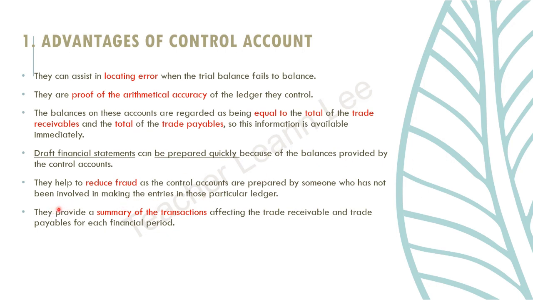They also help to reduce fraud, because you can locate the errors already, then you can amend them immediately to reduce any further errors, as the control account is prepared by someone who is totally not involved in making the ledger. What is the meaning here?